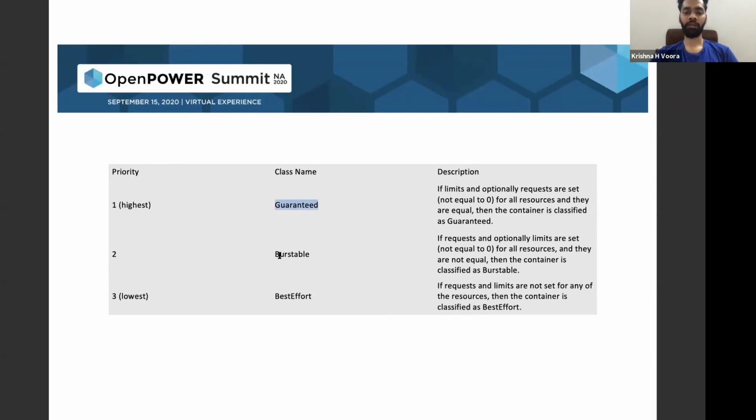If we only set the request and optionally leave the limits field, you can think of request as the lower limit and limits as the upper limit, we get something called burstable quality of service. If we do not define any, it gets classified by default as best effort.